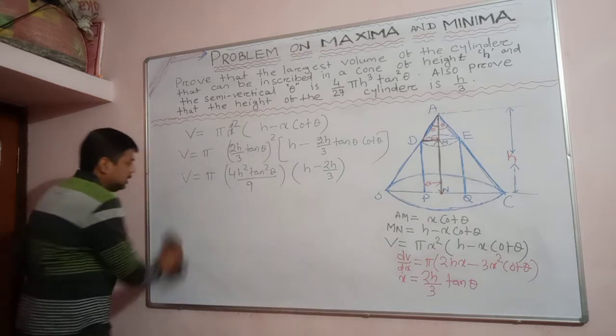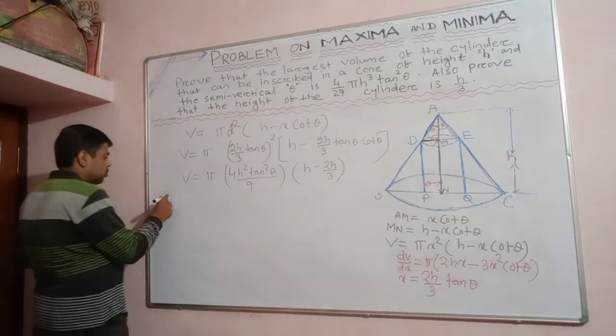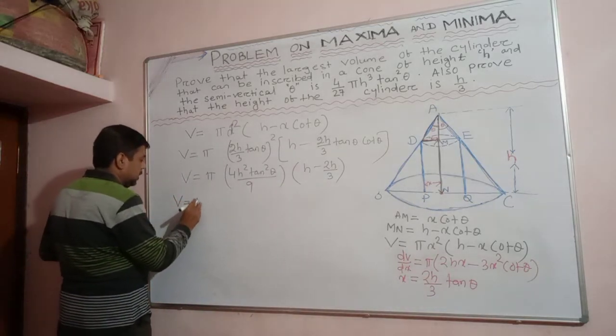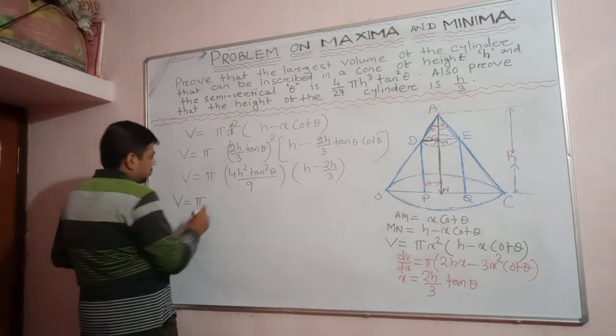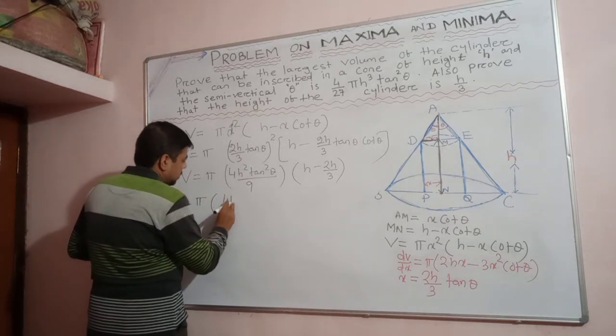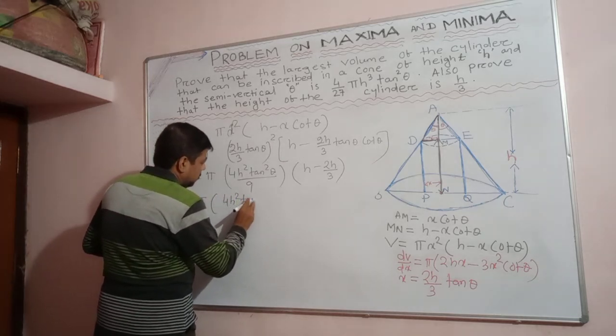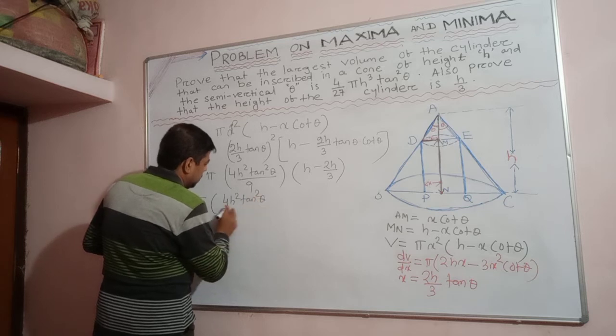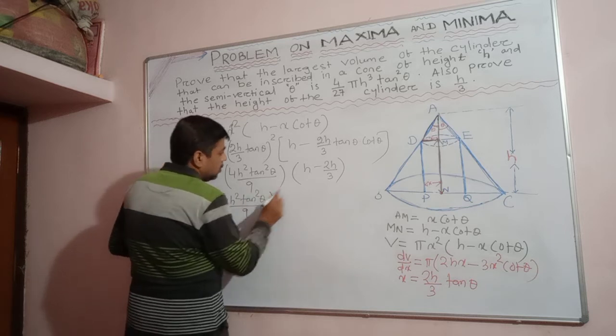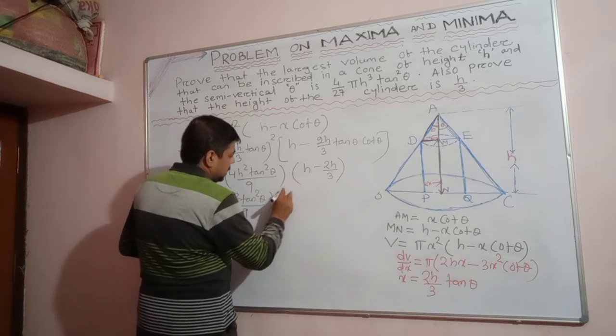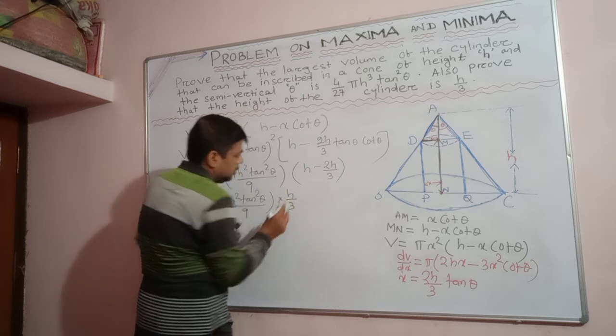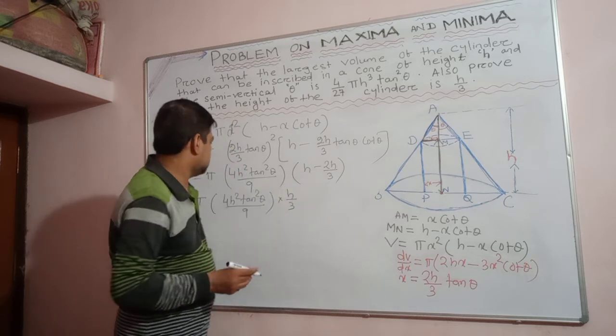Now let us see. So volume of the cylinder V is equal to pi into 4h square tan square theta upon 9, into 3h minus 2h, which is h upon 3. You see, 3h minus 2h is h upon 3.